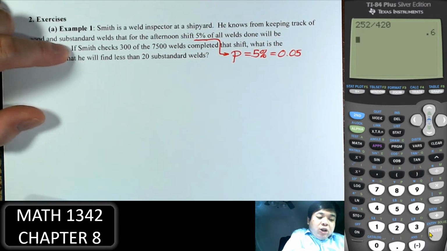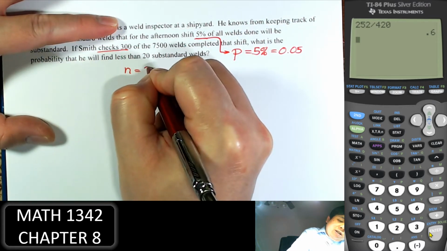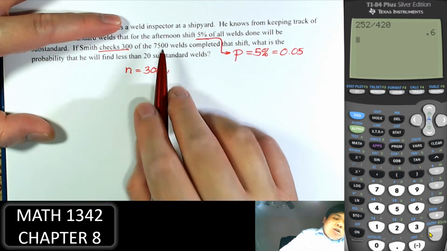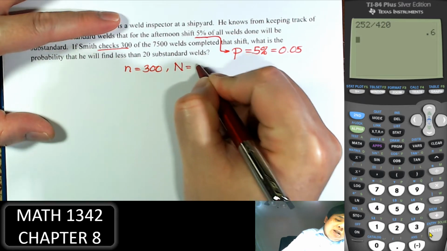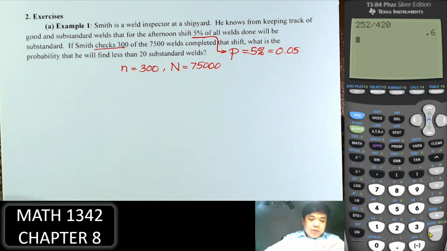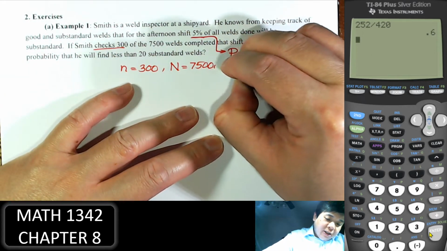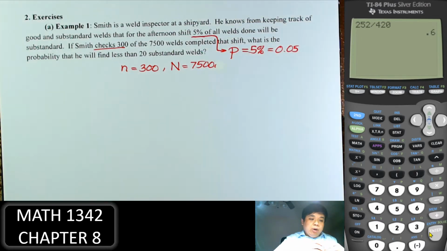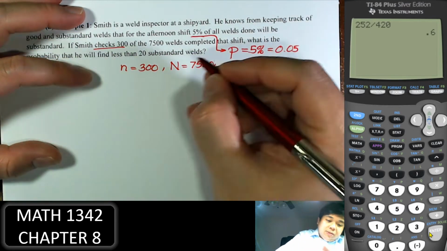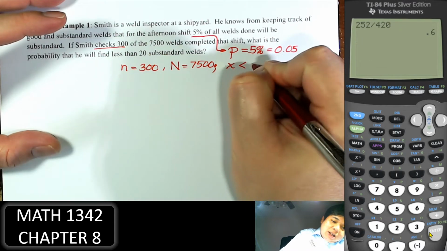If Smith checks 300, so this is the sample size, from all 7,500, so that is the big N, what is the probability that fewer than 20 will be substandard?